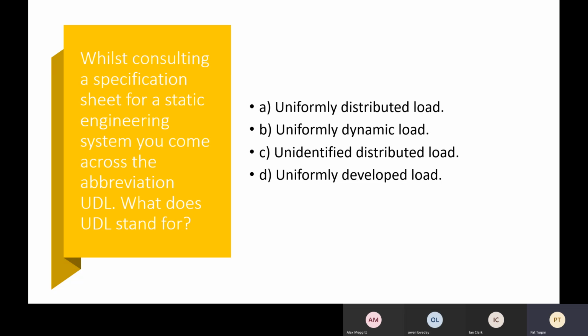It's like unidentified. It's a spread load. What does uniformly mean? If you think of uniform, it's standard. It's a certain size. If it was non-uniform, you would tend to think of something of a very strange shape that would be unbalanced.